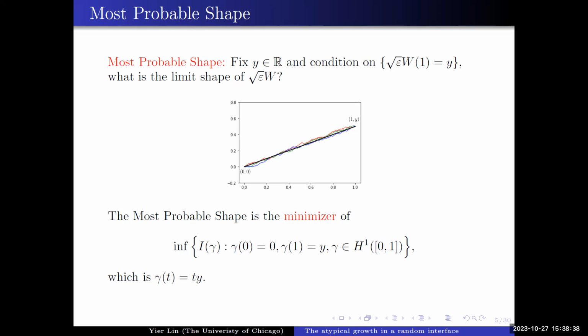Of course, I need to consider some condition: because I'm conditioning, I fixed my Brownian path to end at y, so I need to consider all the paths that start from the origin and end at this position, and then try to understand the minimizer of this quantity.